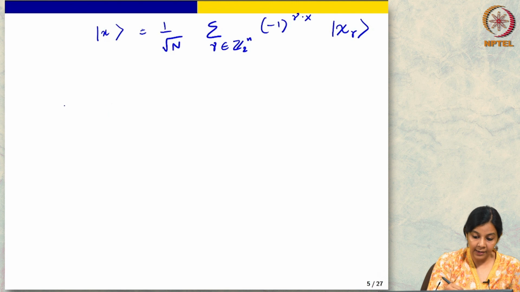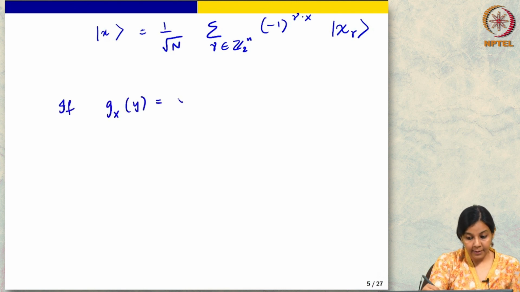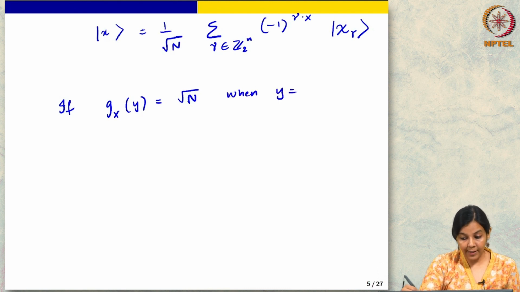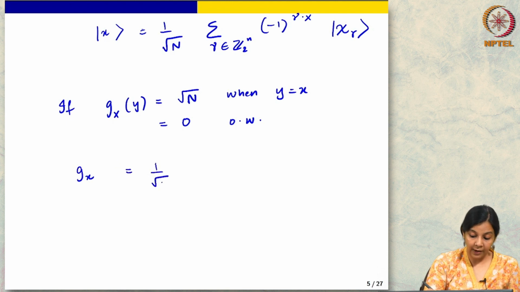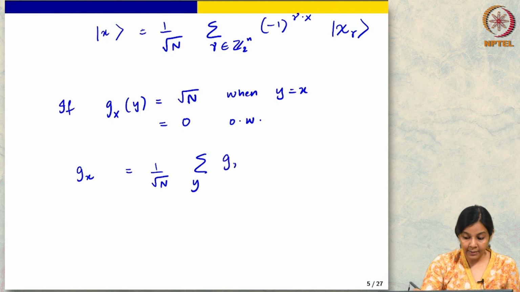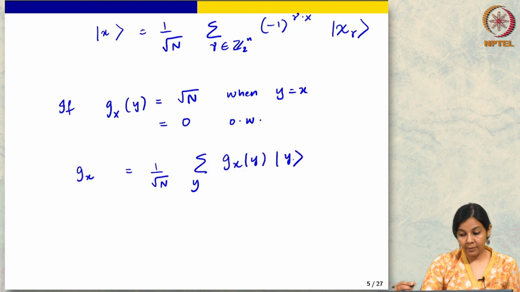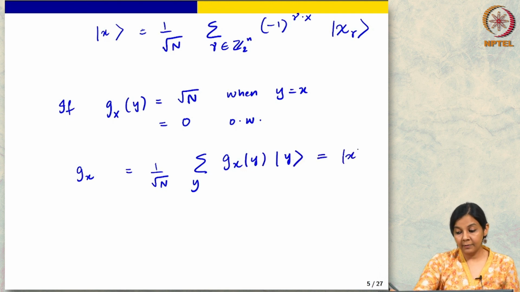So if I let g x of y be square root n when y is equal to x and 0 otherwise, then what does g x look like? The vector representation will look like summation over y of g x y |y>, and this is nothing but |x>.